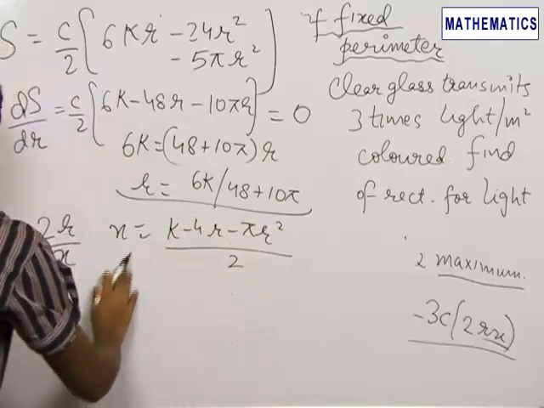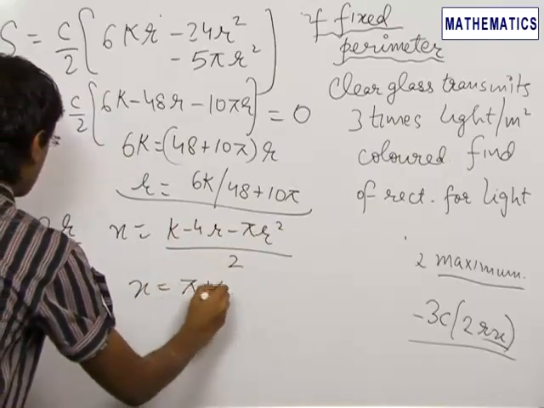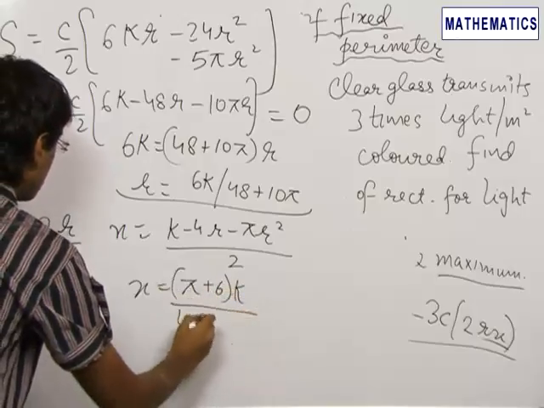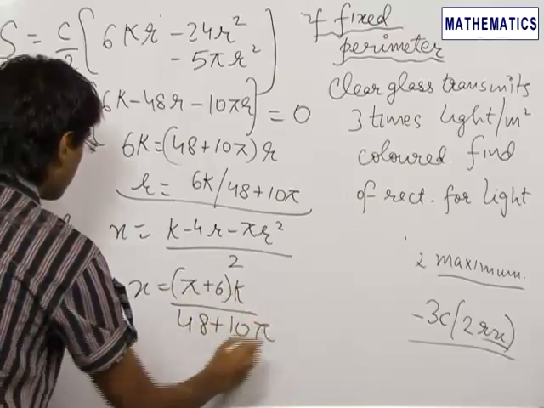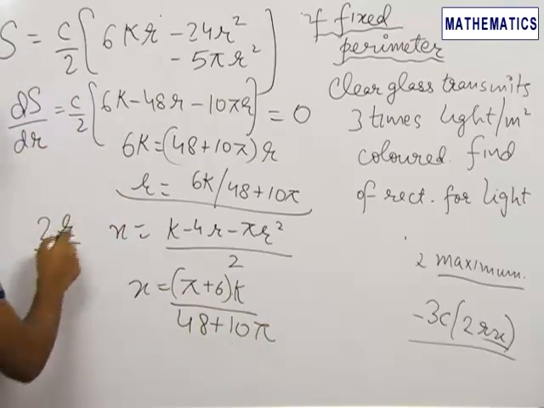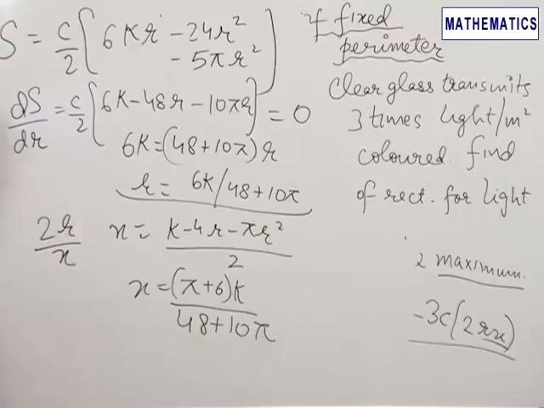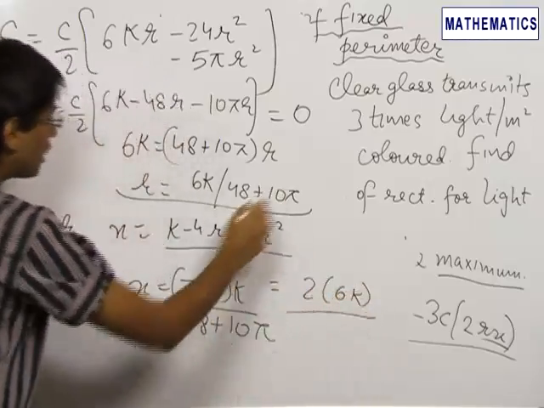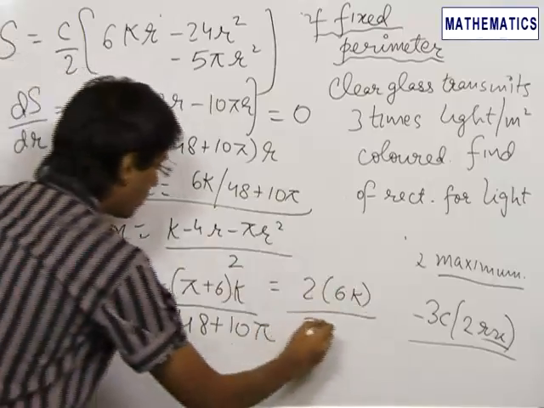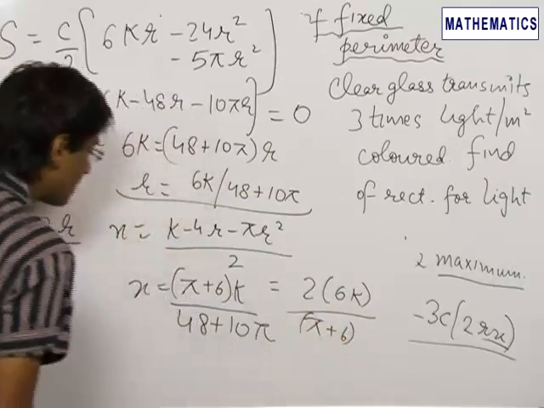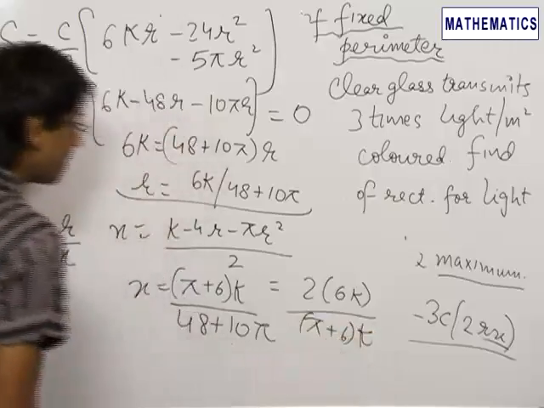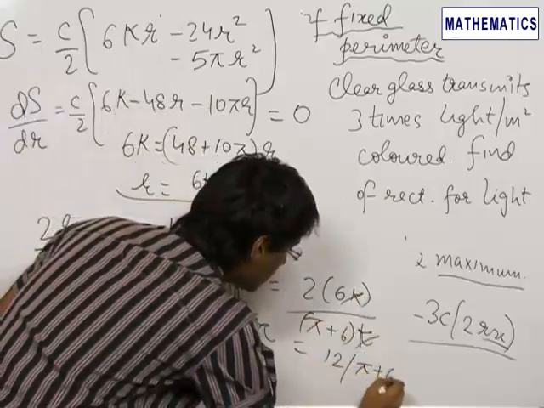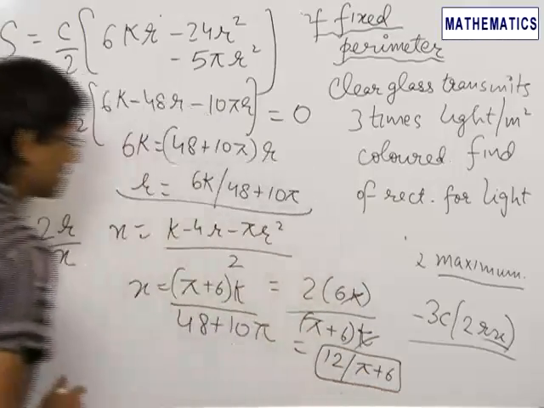This gives us the value of x to be equal to (pi plus 6) times k upon 48 plus 10 pi. So 2r upon x comes out to be equal to 2 into 6k upon pi plus 6 times k, where the 48 plus 10 pi factors cancel. The k and k get cancelled and we get 12 upon pi plus 6.